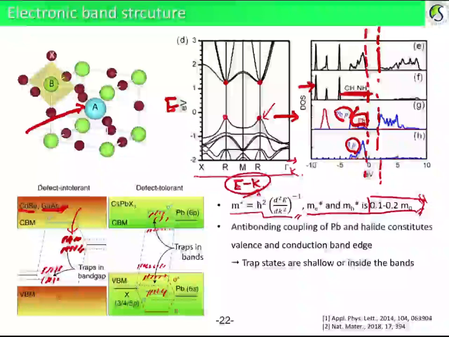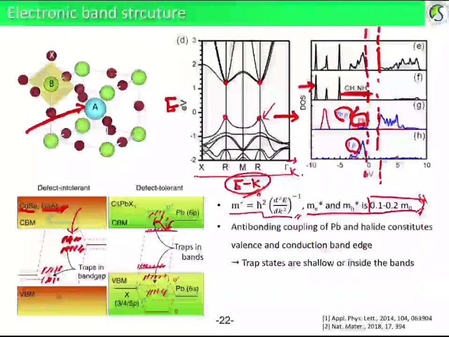So although they form the defect state, it does not severely degrade the charge transporting properties because it is very shallow. Although charge carriers are trapped at the site, they can easily escape with small energy, such as the thermal energy at room temperature.